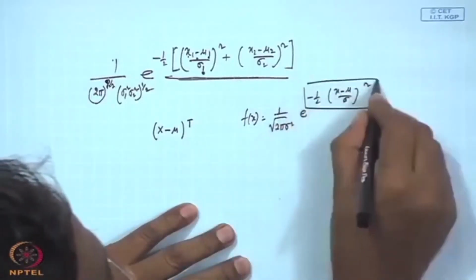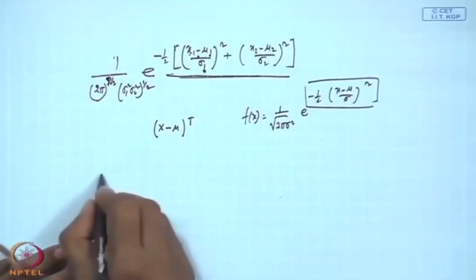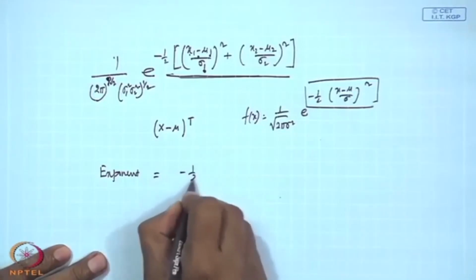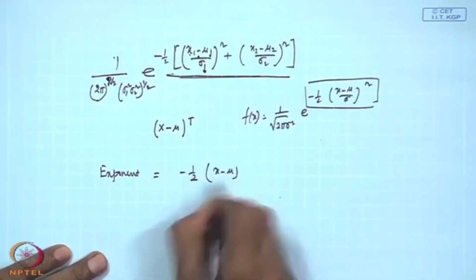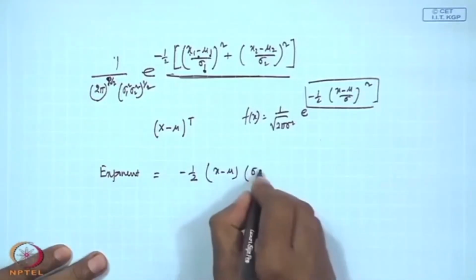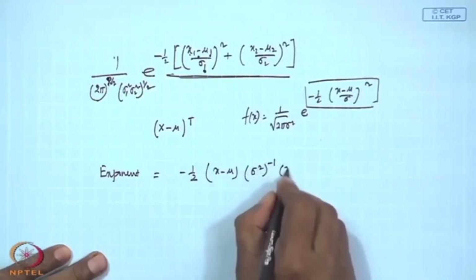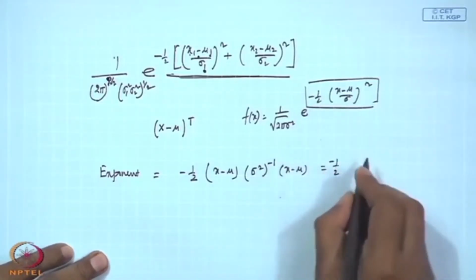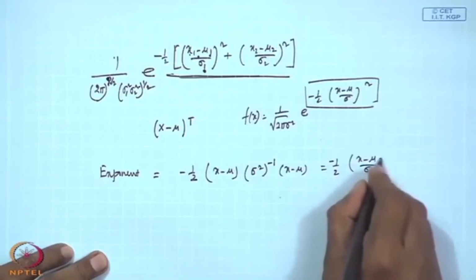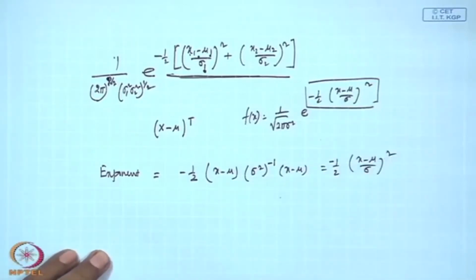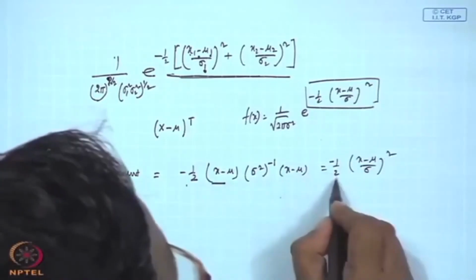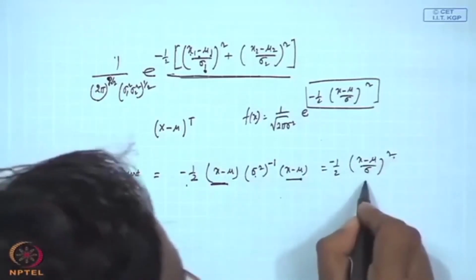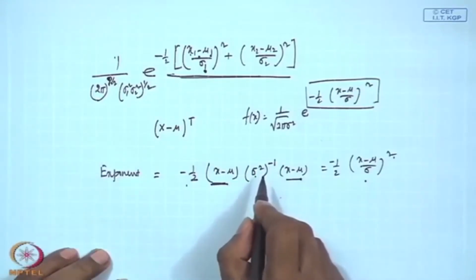Now take the exponent: minus half, x minus mu, sigma square to the power minus 1, x minus mu. Is it not minus half, x minus mu square divided by sigma square? So, sigma to the power inverse.